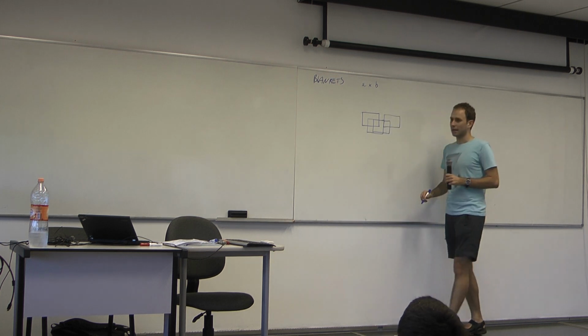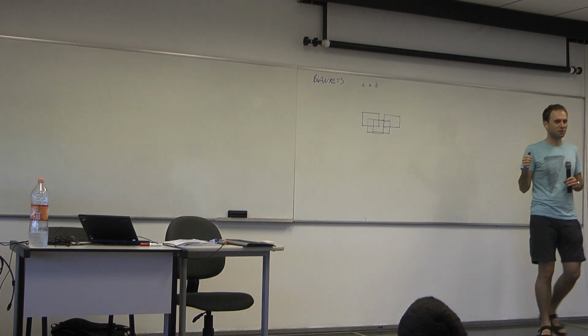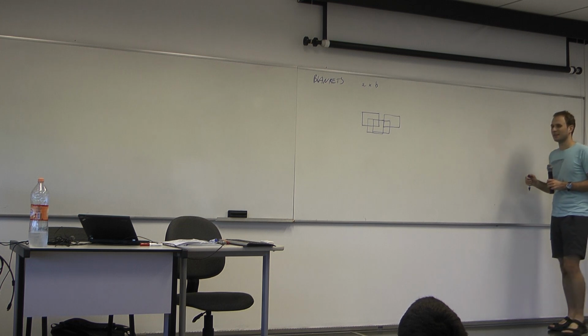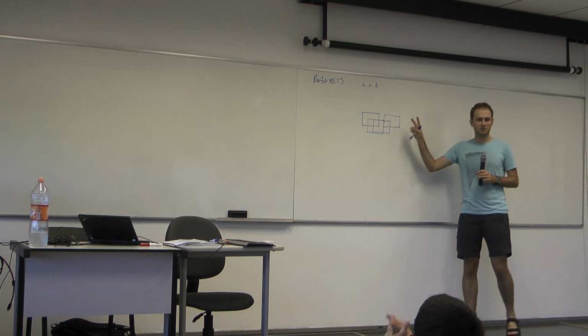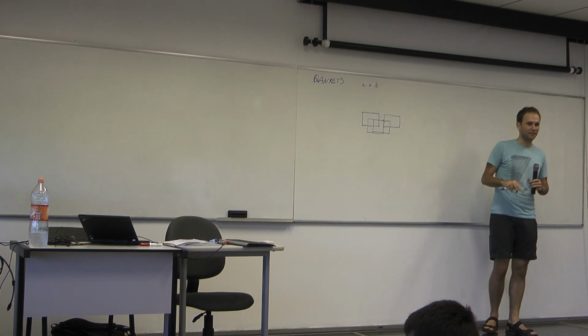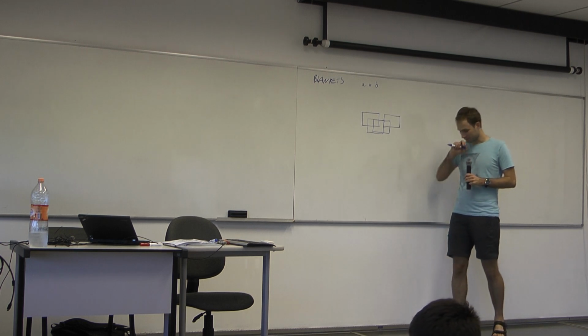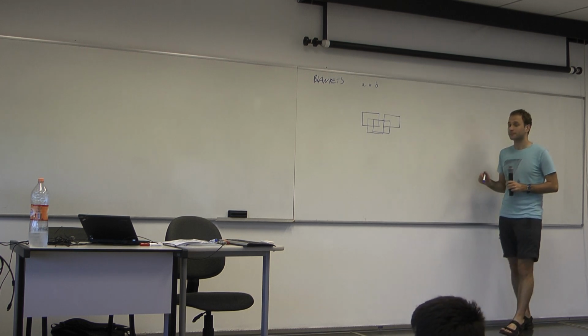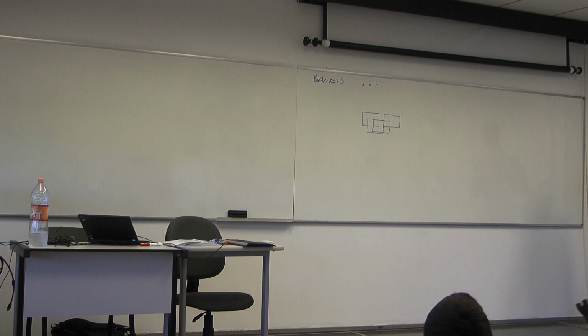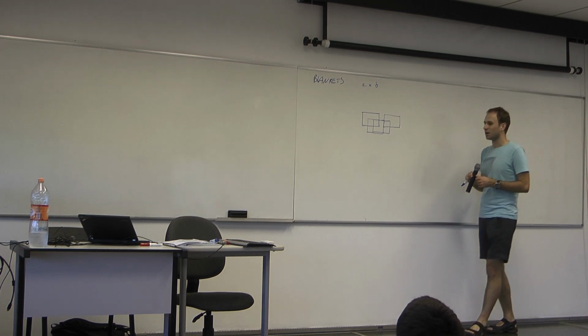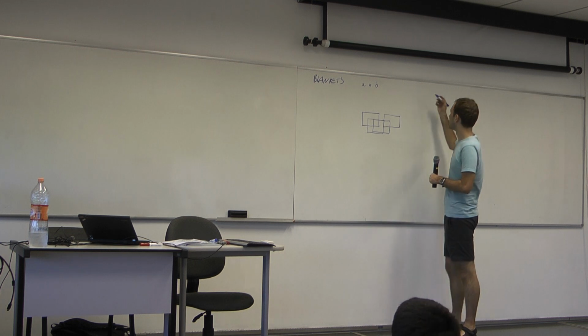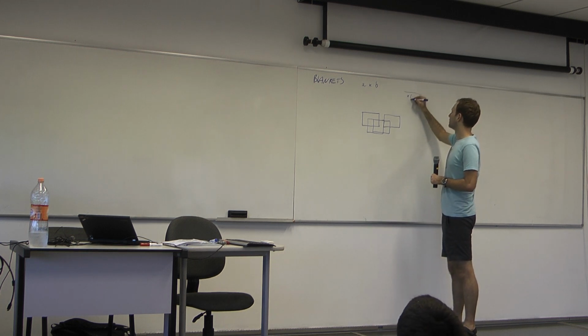And the task here was to compute the average area of the intersection of two rectangles. So the way we did it, we could compute the sum of all intersections of all pairs of rectangles, and then divide it by n times (n minus 1) over 2.